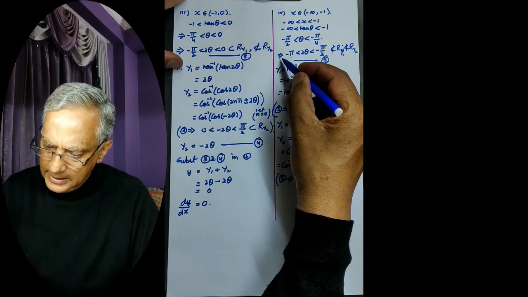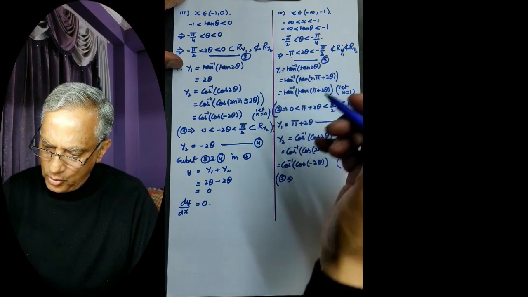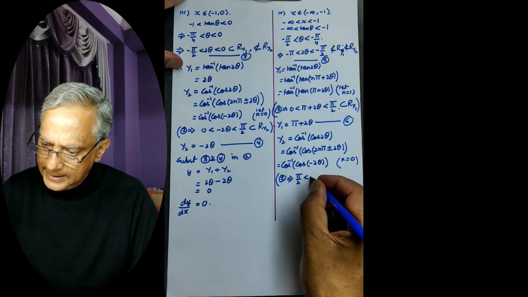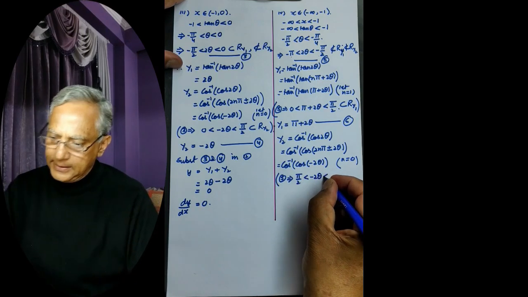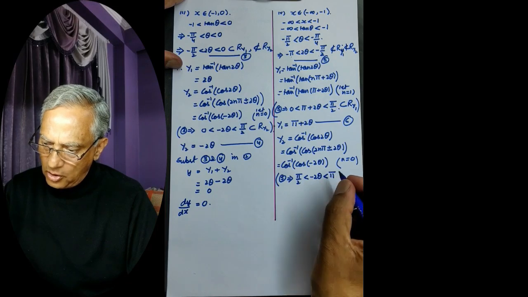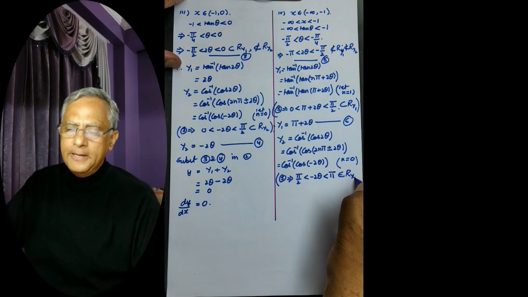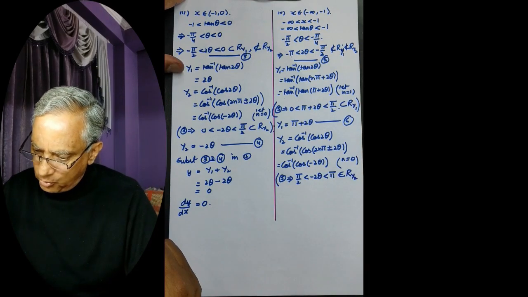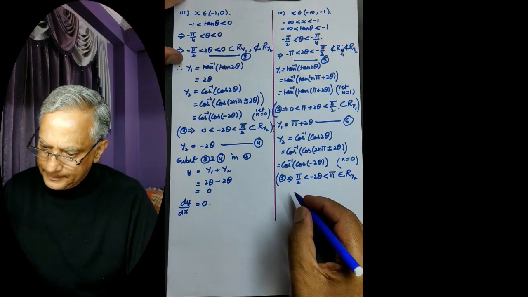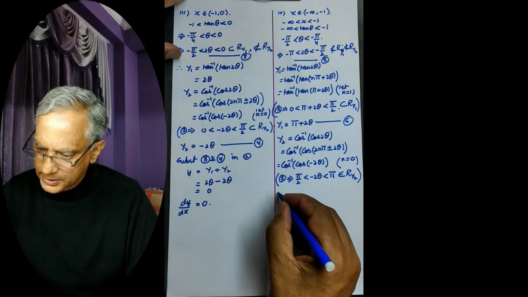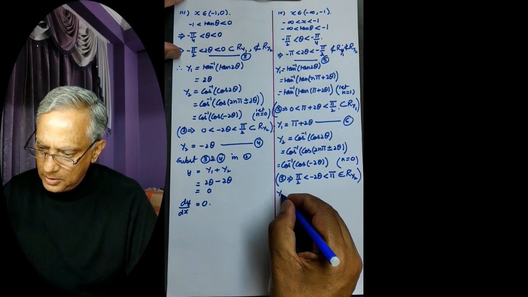Pi by 2 will come to the left. Pi by 2 is less than minus 2 theta is less than pi. And this is a subset of range of y2. And therefore we can write this as y2 is equal to minus 2 theta.